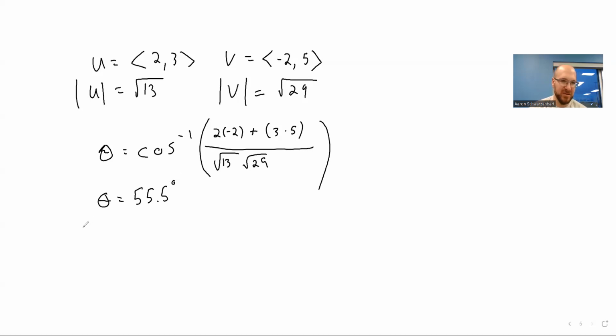Part B of this gives me two other vectors. Angle brackets around my vectors. Again, magnitude, square root of 5.